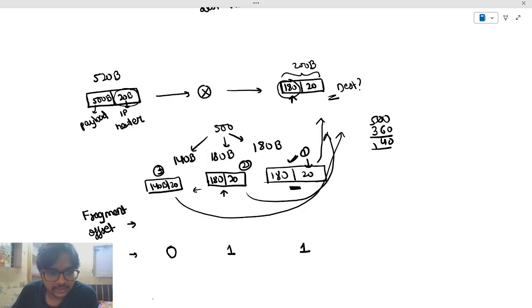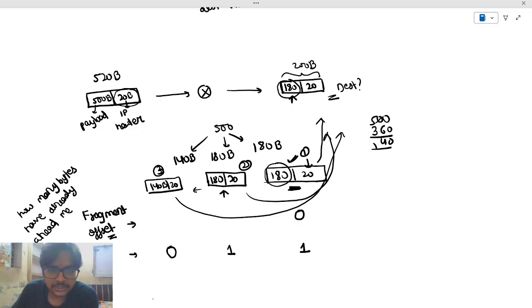Now what is fragment offset? It says how many bytes are already ahead of me. For the first fragment, there are no bytes that are already sent, so for this it is 0. For the second fragment, how many bytes have already been sent?